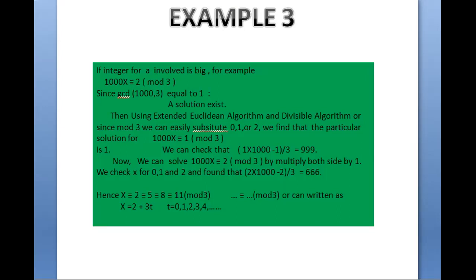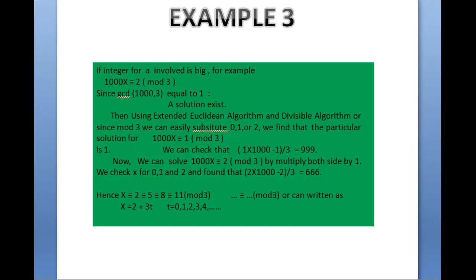Then using the extended Euclidean algorithm and division algorithm, or since it is mod 3, we can easily substitute 0, 1 or 2. We can find the particular solution for 1000x ≡ 1 (mod 3) is 1.